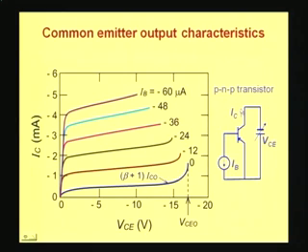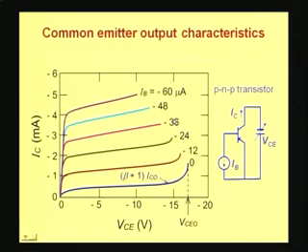Let us also understand the order of magnitudes of the quantities. The base current is small and it is of the order of tens of microamperes. The collector current, on the other hand, is of the order of milliamperes. So the collector current is more than 100 times the base current.